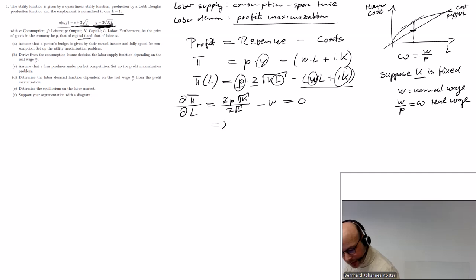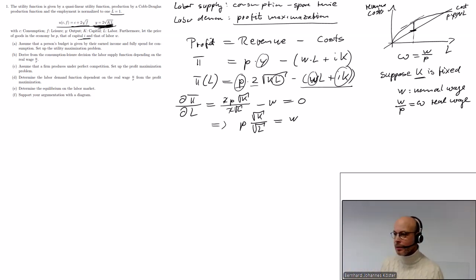So then let me just write it down also like this: P times square root of K over square root of L equals W. Doing these calculations is not just to annoy you, but what have we here?